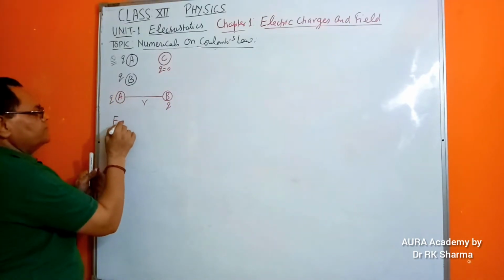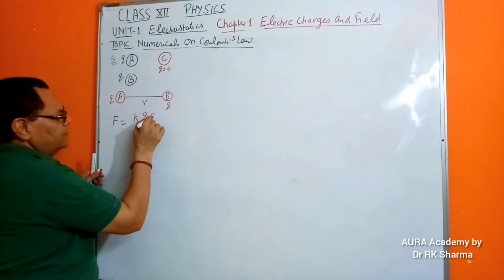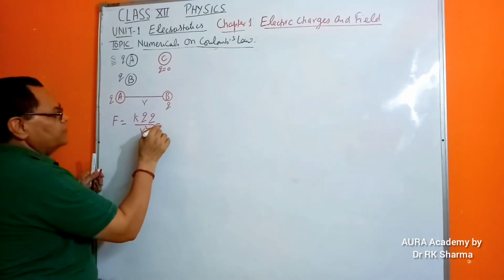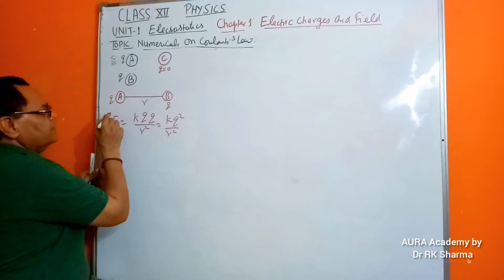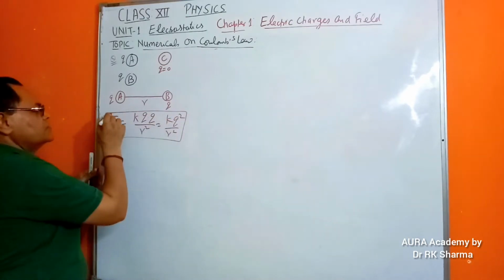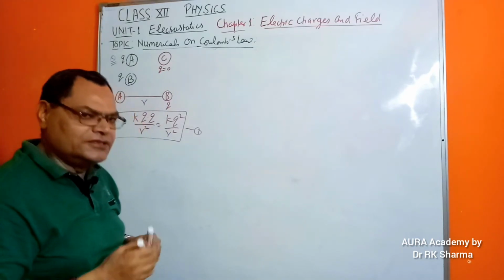Then the original force between them will be equal to k q1 q2 upon r square, that is k Q square by r square. This is actually the original force between the two charged spheres A and B.